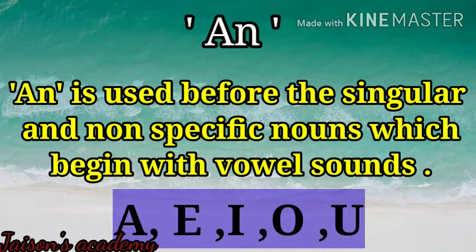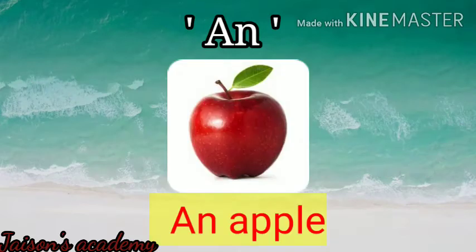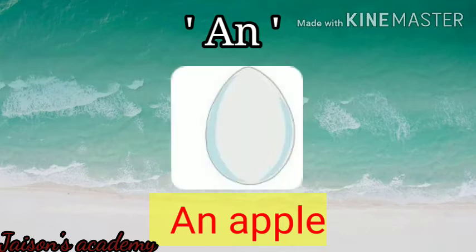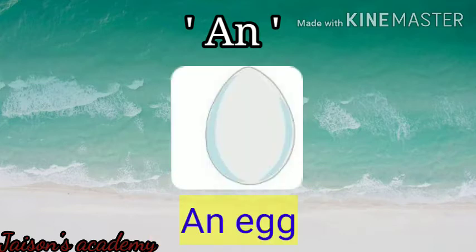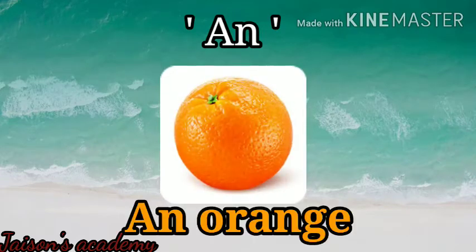Now look at an example: apple. A-P-P-L-E, apple. A is a vowel, so we write an apple. Example 2: egg, E-double-G. E is a vowel, so an egg. Orange: O is a vowel, so an orange.